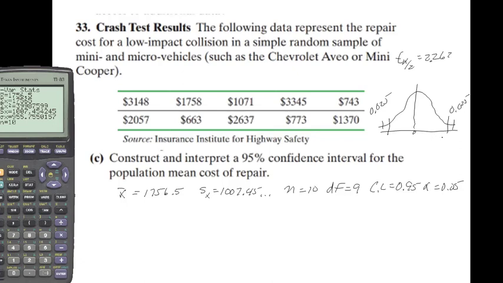So this one over here is 2.262, and this is minus 2.262. So now I can find my error. So the error is equal to 2.262 times 1007.45.